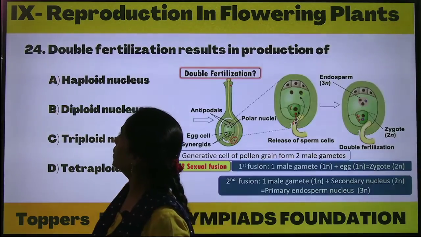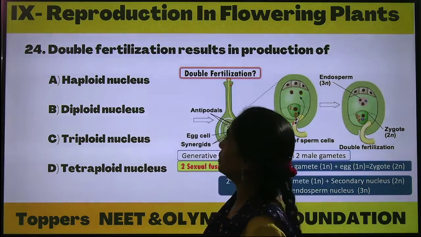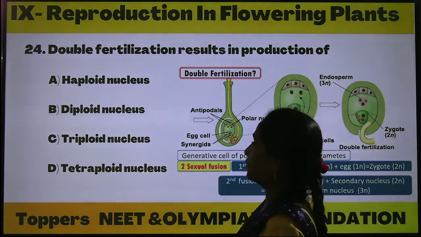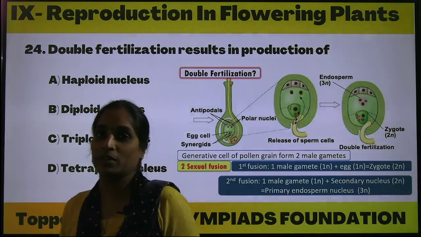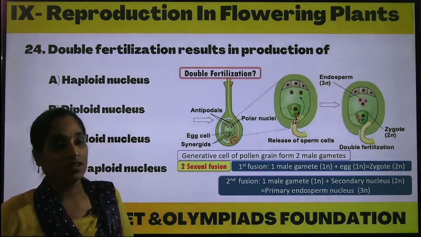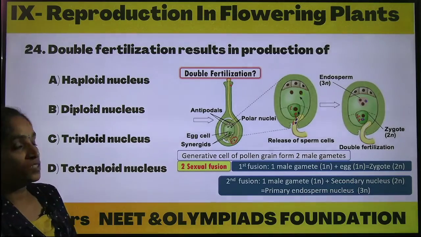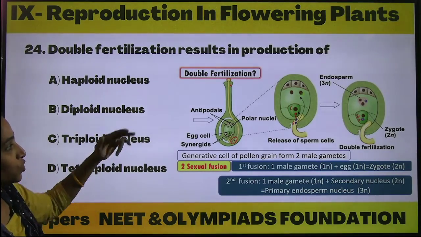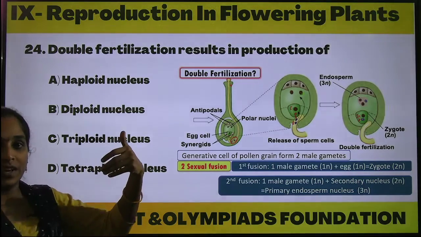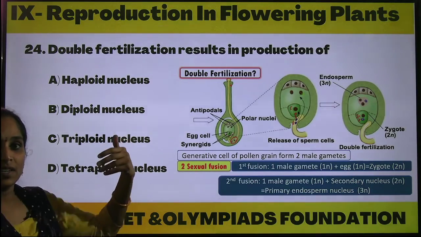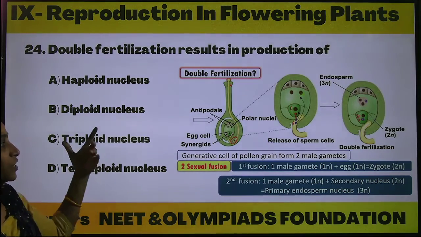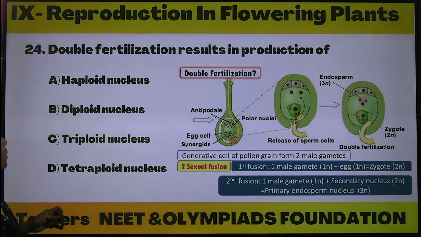Next, question number 24. Double fertilization results in production of. What is double fertilization and how does it happen? As the pollen tube releases the two nuclei from the sperm cells, one will be fusing with the egg cell first of all, and the second nucleus of the sperm cell will be fusing with the central cell to form the endosperm.